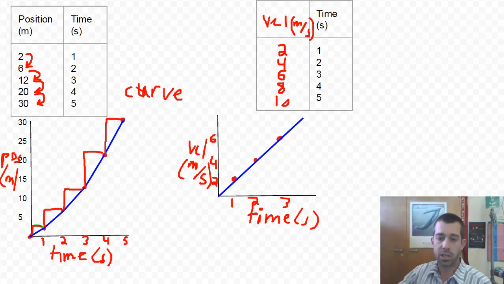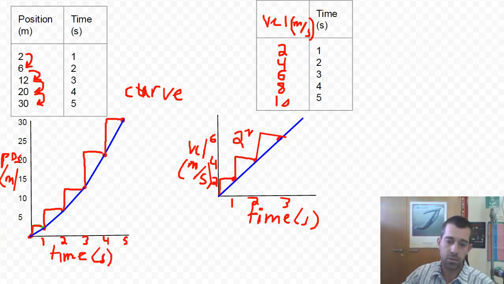Okay, so I'm going to go ahead and solve for the slope of this graph. It goes up 2 meters per second in 1 second, up 2 meters per second in 1 second, up 2 meters per second in 1 second. It's pretty consistent. So always the rise is 2 meters per second of velocity over 1 second. So if we actually do the math on that slope, the math is easy, obviously, but I want you to look at the units.